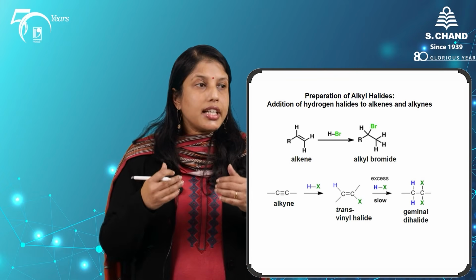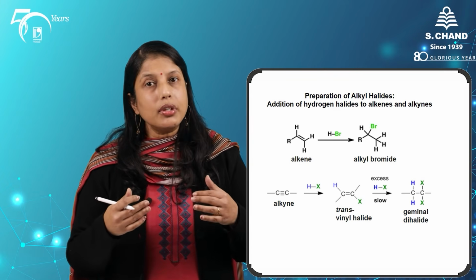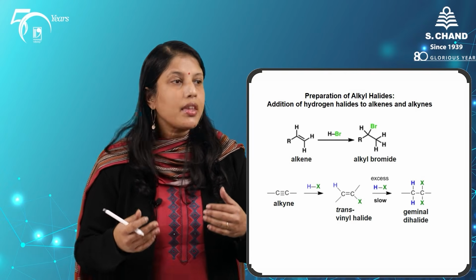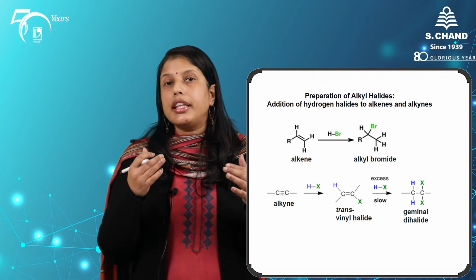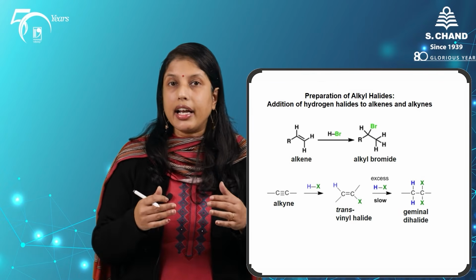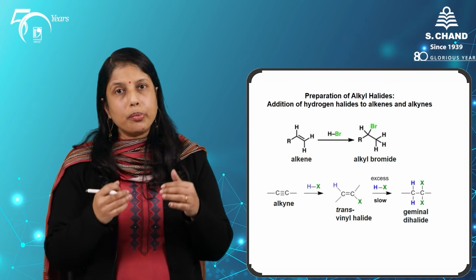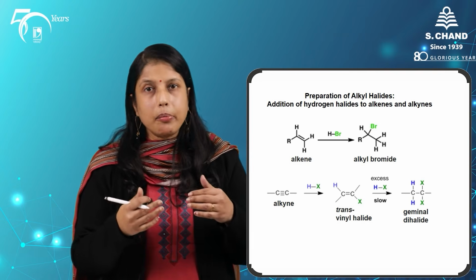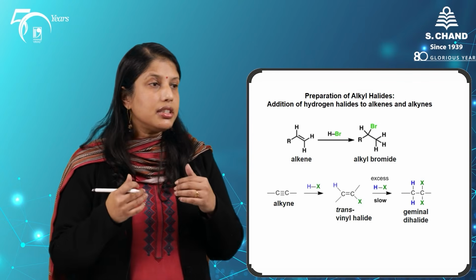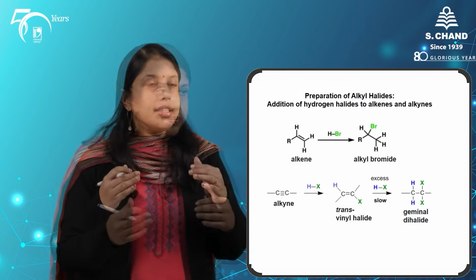So, such type of reactions are known as our addition reactions, and if you remember, they always proceed via the Markovnikov's selectivity, where the bromine atom will end up on the more substituted carbon atom.